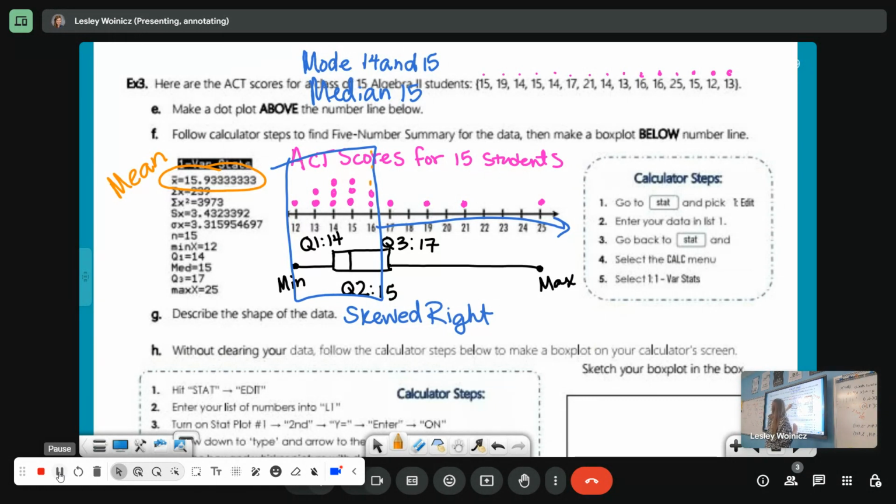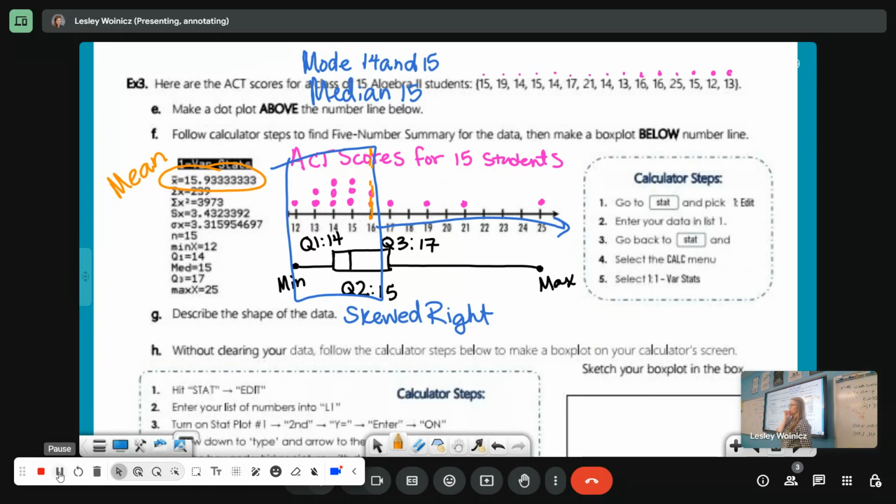So that's kind of on the edge of the data lump. Does everybody see what I'm talking about? Do you see how the tail is pulling the mean higher than the other two measures of center, the mode and the median? Okay, that's what's happening. That tail is tugging on the mean because we have to include these higher values in the average.